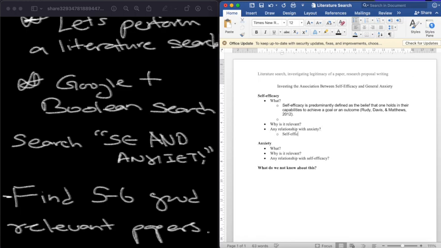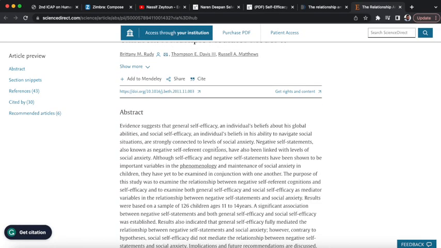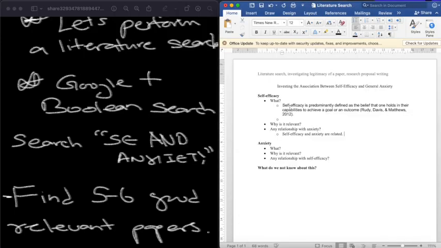Self-efficacy and anxiety are related. How do I know? So I'm going to read it a little bit again. It says here, an individual's belief in his ability is actually connected. Now, what is self-efficacy?